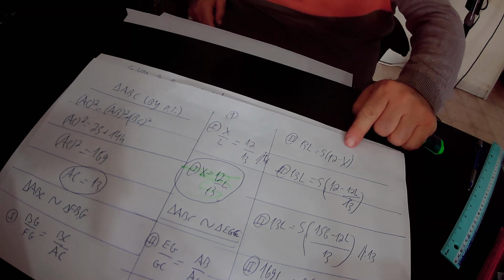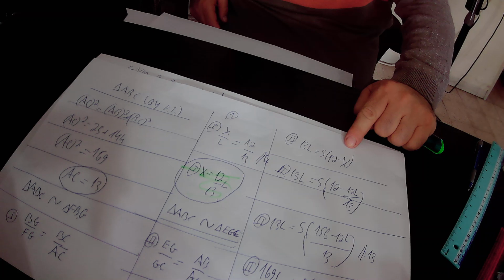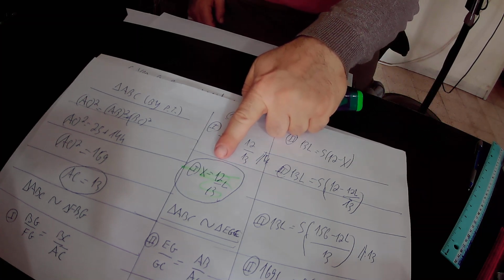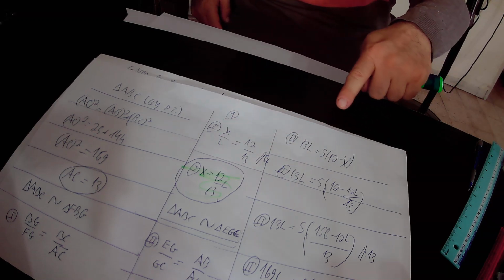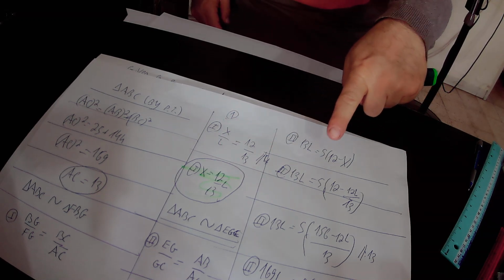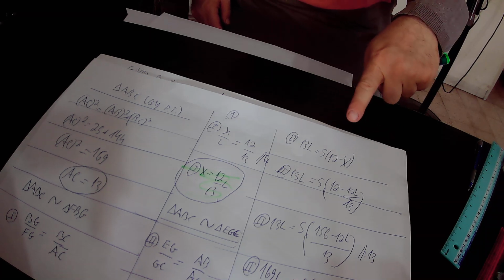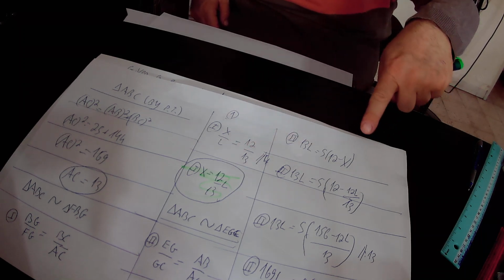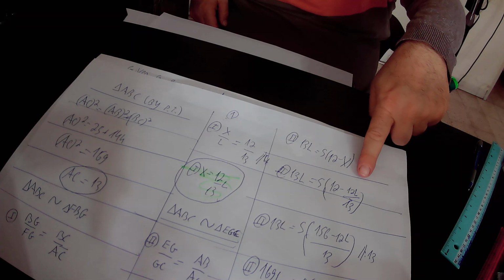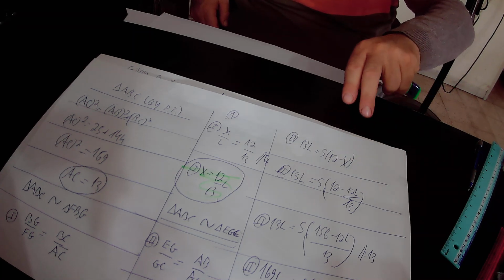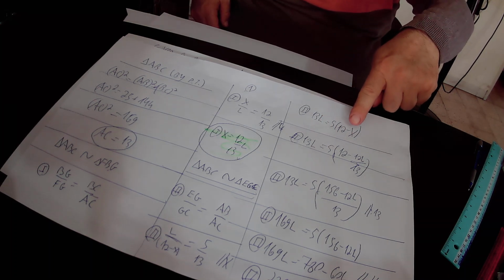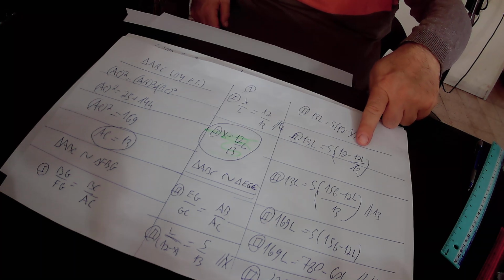So we have x in this equation 2. We can substitute this x by the value of x in equation 1. We did it and found out that according to equation 2, we have 13L equals 5 times the bracket of 12 minus x, and x according to equation 1 is 12 over 13 L. So we substitute x by 12 over 13 L. So we have here 13L equals 5 times 12 minus 12L over 13.